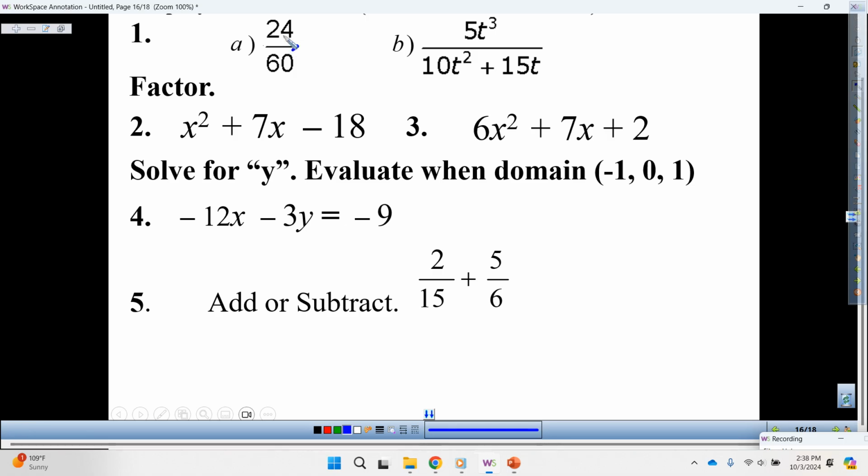Close. 6 is closer. 8 is not close. Correct answer is 12. 12 times 2, 12 times 5. Therefore, our giant 1 is 12, and we're left with 2 over 5.